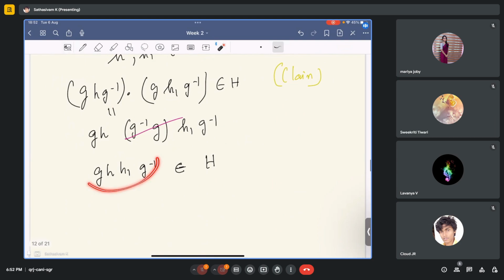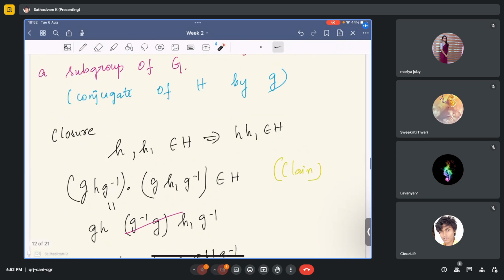So this particular one belongs to gHg inverse, because this one belongs to H, and hence this entire thing belongs to gHg inverse. Okay, so closure is done.